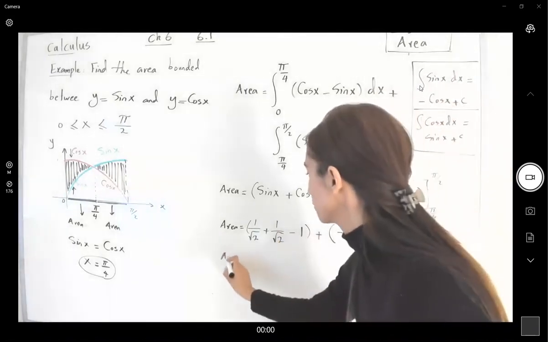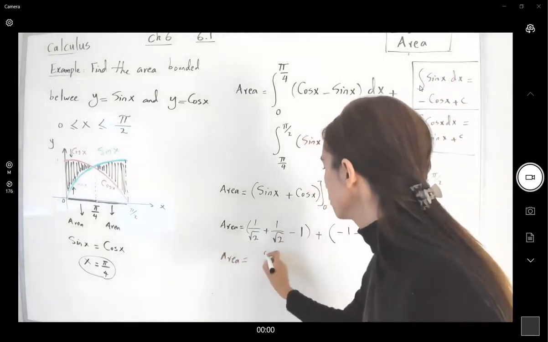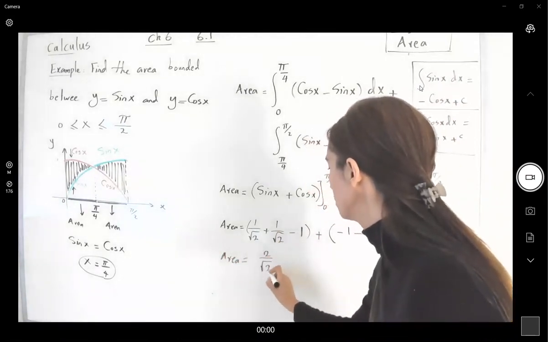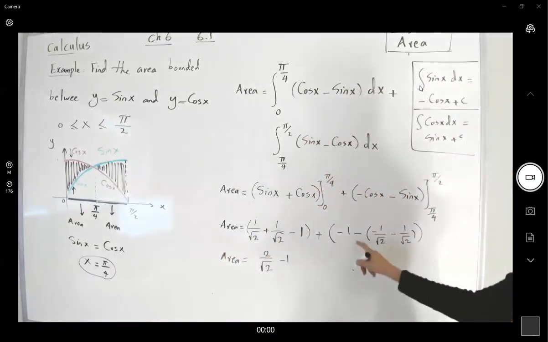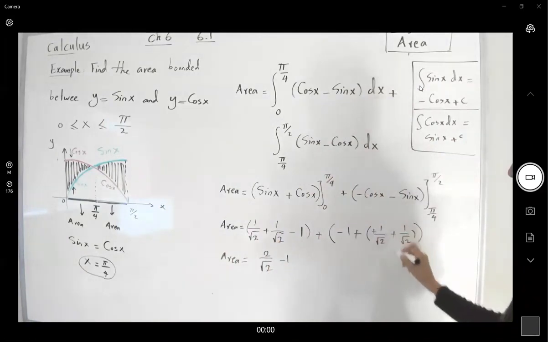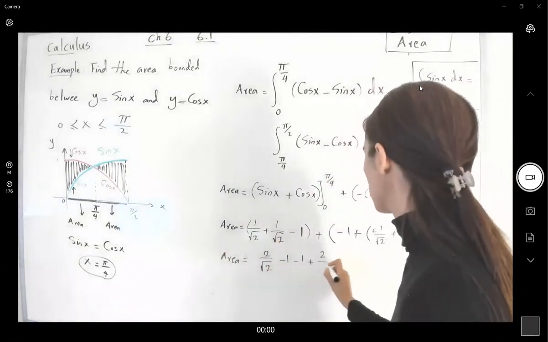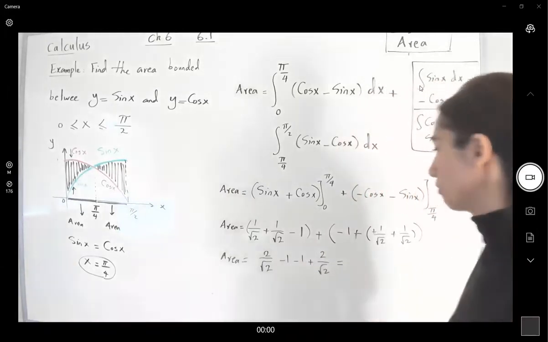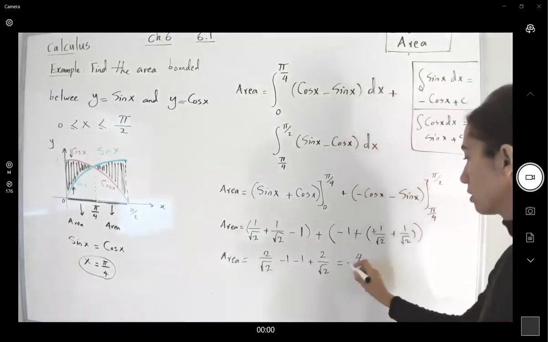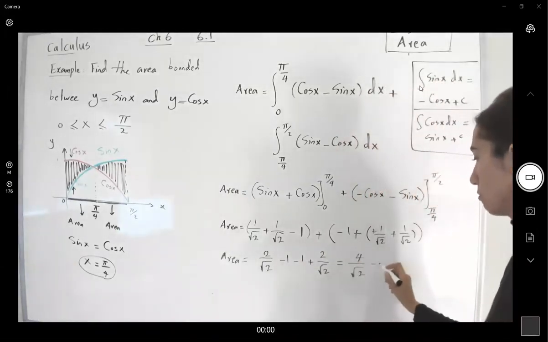So the area is equal to 2 over square root of 2 minus 1. And if I distribute this negative sign here, I get negative 1 plus 2 over square root of 2. So what I have is 4 divided by square root of 2 minus 2.